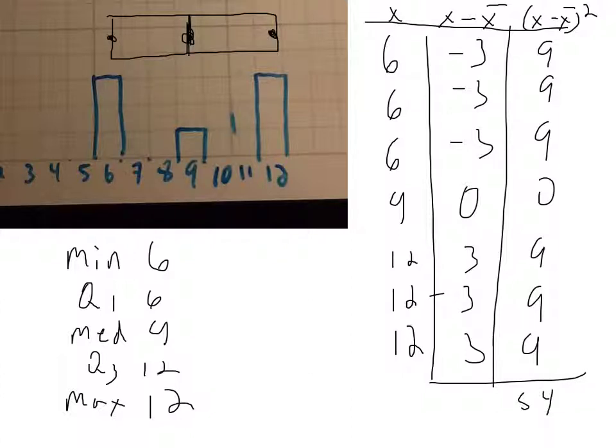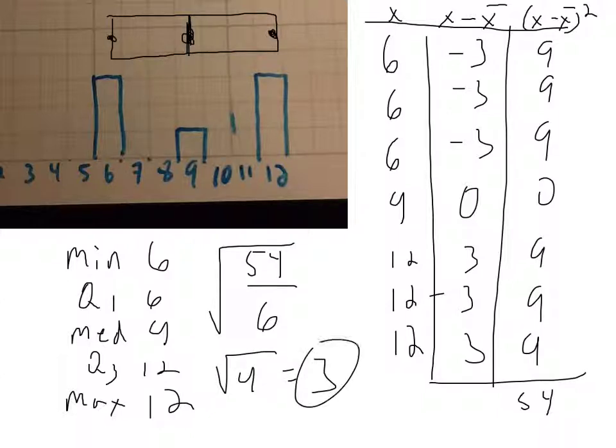To get the standard deviation, I'm going to take 54 divided by 7 minus 1, which is 6, and take the square root of that. If you give me a second, I actually know that's 9, isn't it? And the square root of 9 is 3. So, a bigger standard deviation. A little more varied data set. Still symmetric, but just more varied.